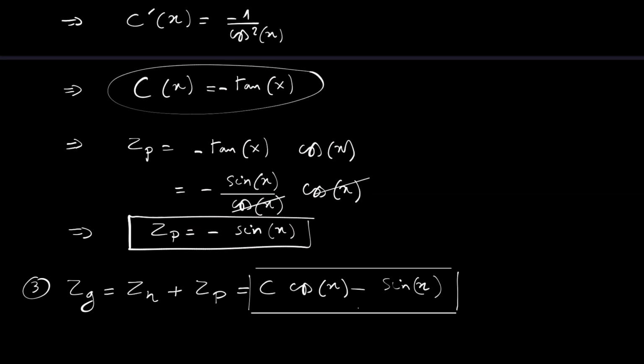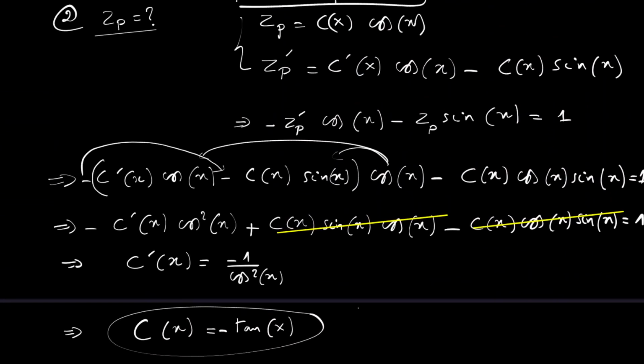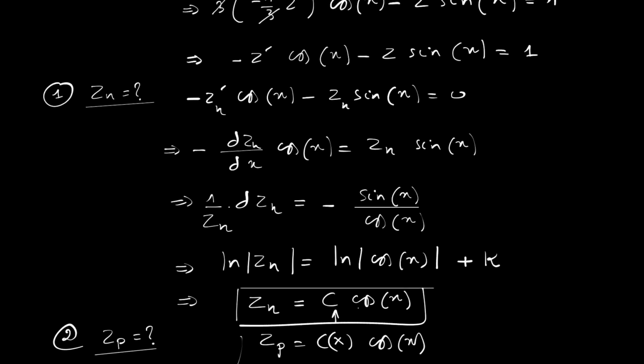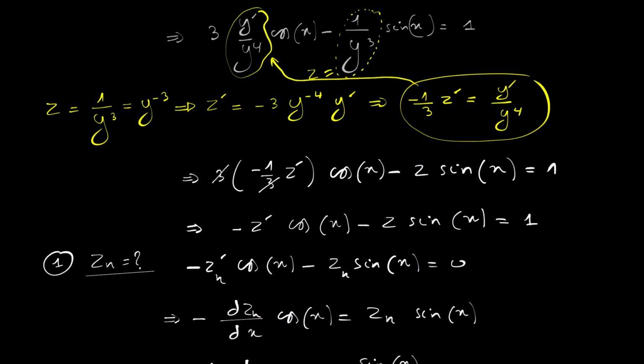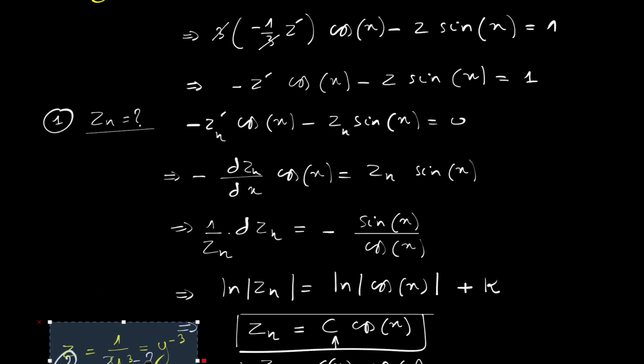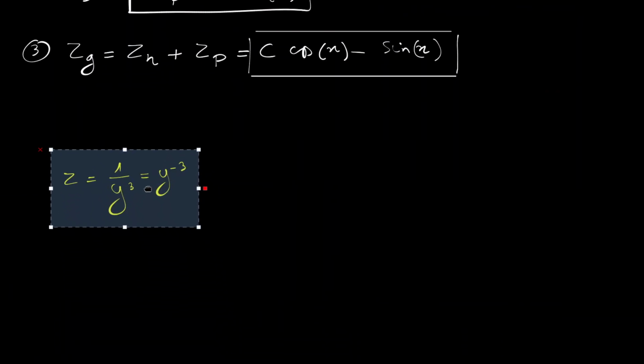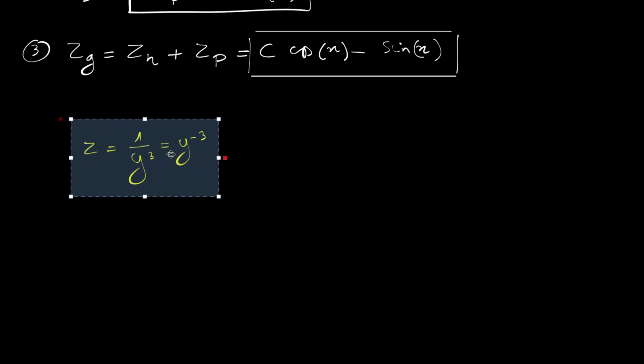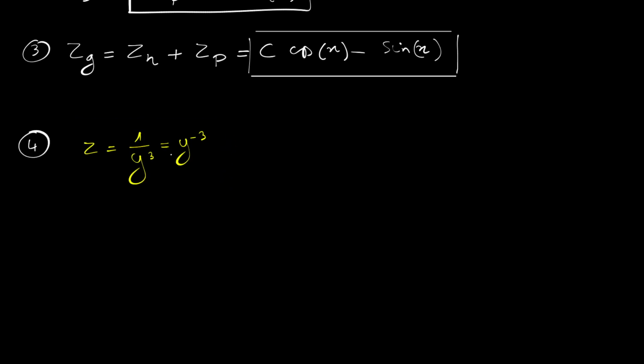Now we return to our original substitution, which is this. And now we can write y in function of z, which is 1 over the cube root of z.